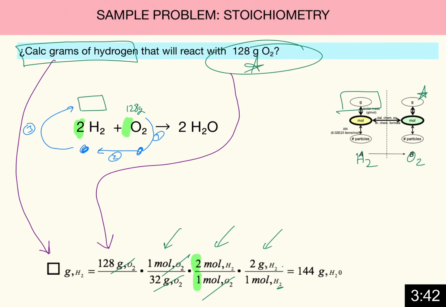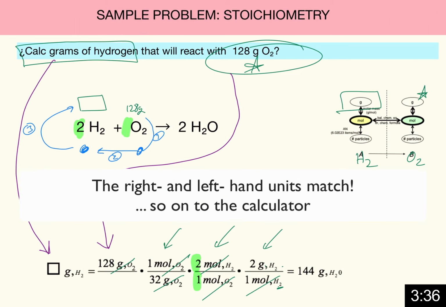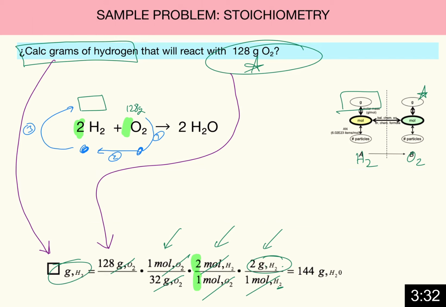And now that I've set that up, let's do a count on our dimensions. See, moles of H2 crosses off, and that leaves me with grams of H2. But hey, that's what I'm looking for. And so I'll multiply that out and get... That's the wrong answer for those of you who looked ahead. 16 grams of H2.